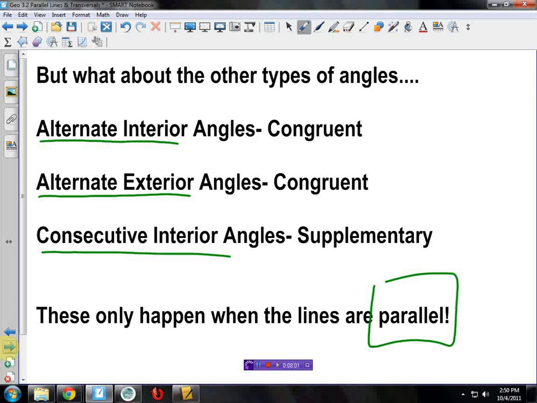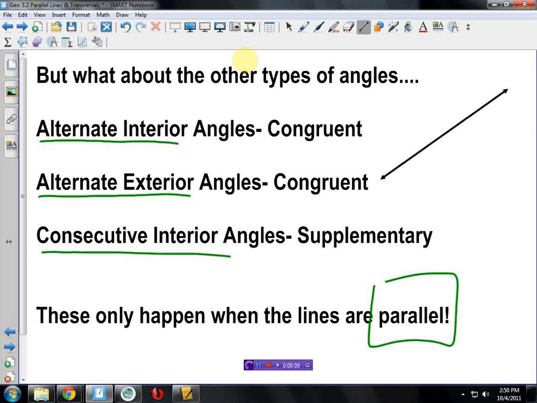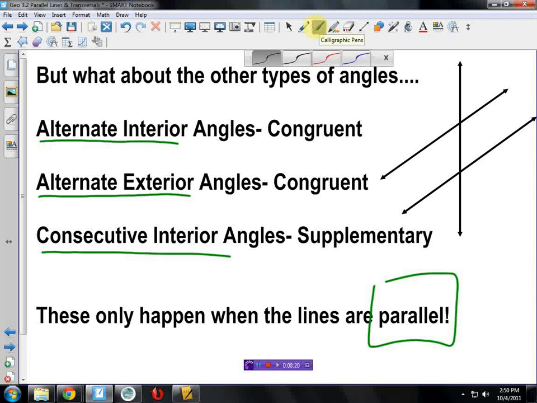Now, one thing, let's see if I can make a nice looking one over here. Okay, so I have a transversal here and everything, right? If you look at that transversal, it comes up with 8 angles, right?